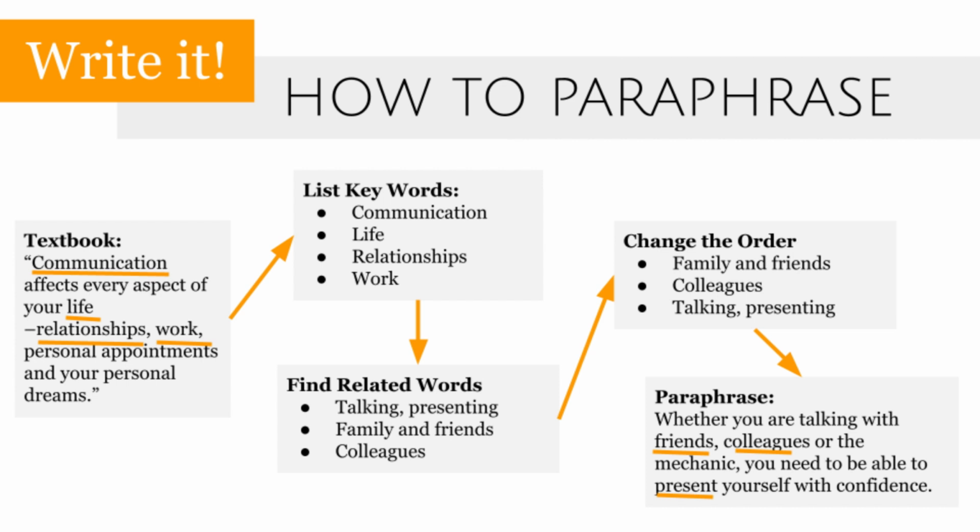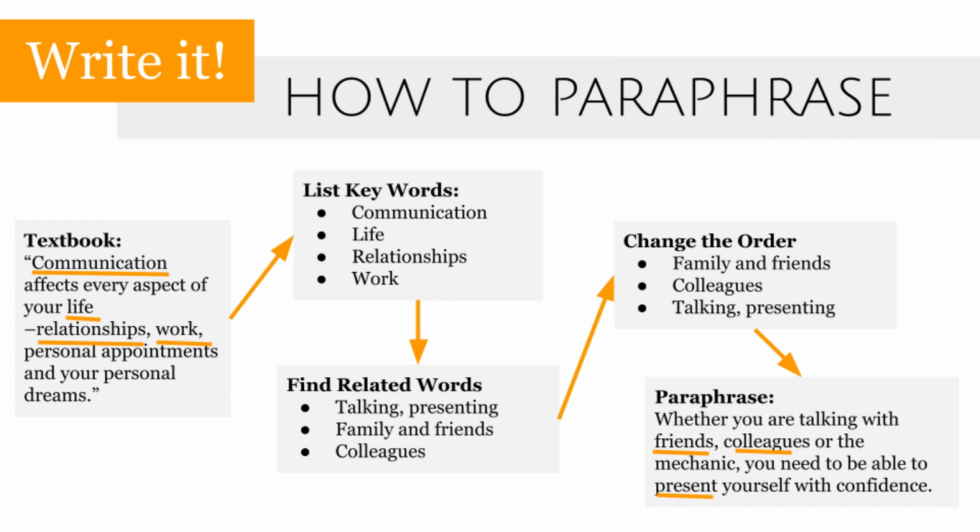You're also going to want to change the order and just change the whole way of saying it. So some related words to communication would be talking or presenting. Some related words to relationships would be family and friends. That's who you have relationships with. Work would be colleagues. So again, it's not exactly the same word, but we're just brainstorming here.